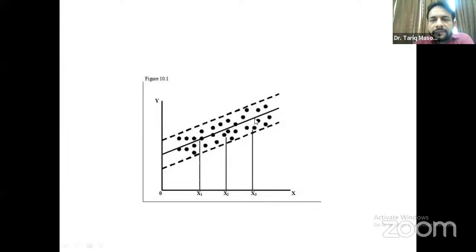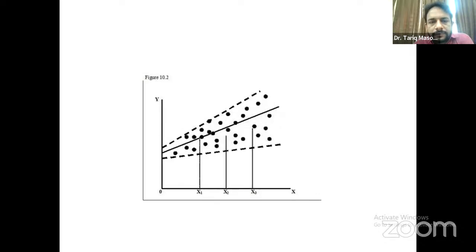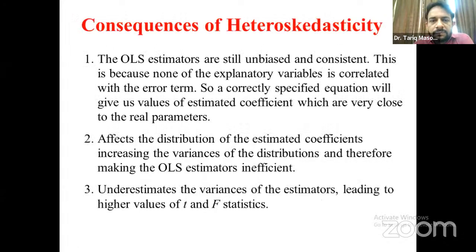The variability is almost the same. So this is the case of homoscedastic variances. In the next figure, there is change in variability. Initially, there is very little variability, but as we are moving over the values of x, there is increase in the variability of disturbance. So this is the case of heteroscedasticity.